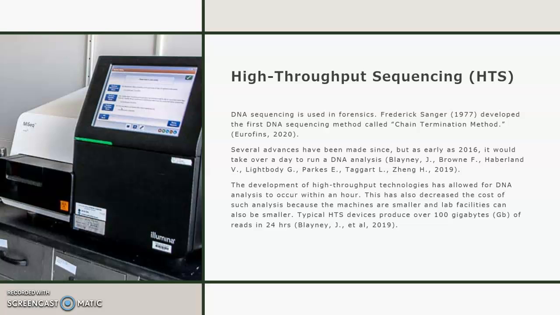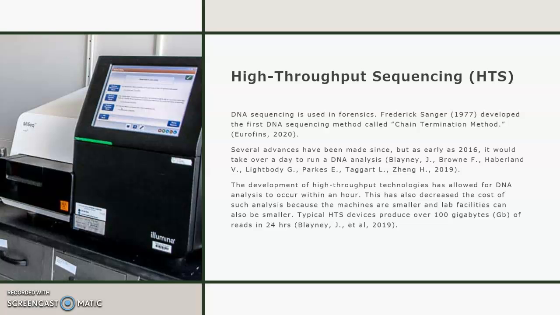The technique used here, or at least to read the DNA, is called high throughput sequencing, HTS. So since 1977, Frederick Sanger is the first person to develop a DNA sequencing method called the chain termination method.